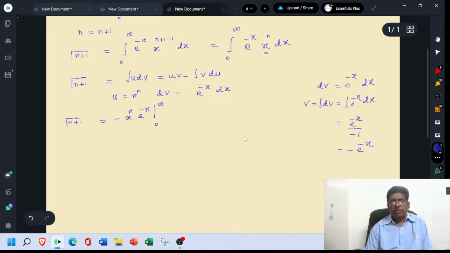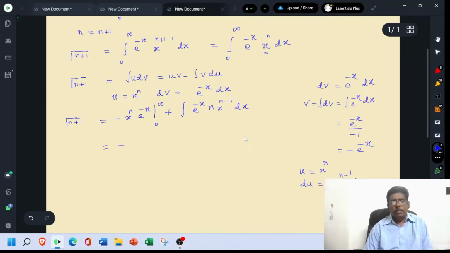Then minus of integral v du. The value of v is e power minus x with a negative sign, so minus times minus is plus. Then du. Here u equal to x power n, therefore du equal to n into x power n minus 1 into dx. This is the value of du. Put this here, n into x power n minus 1 into dx.